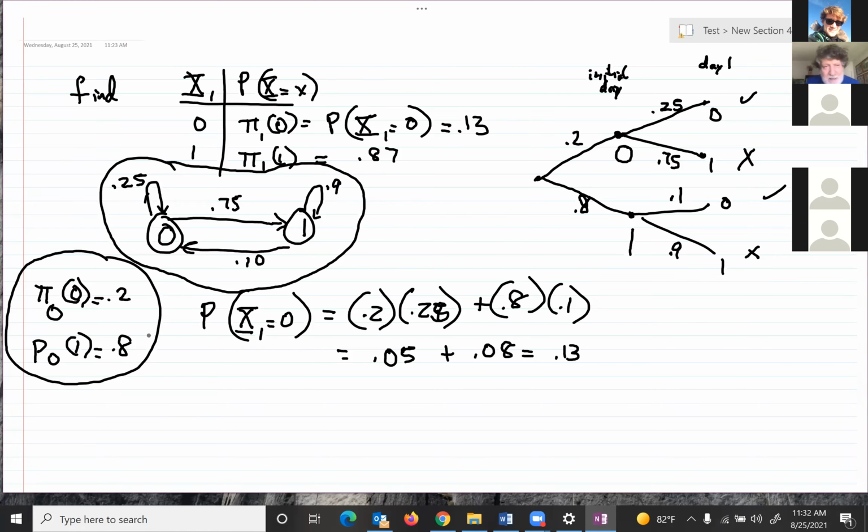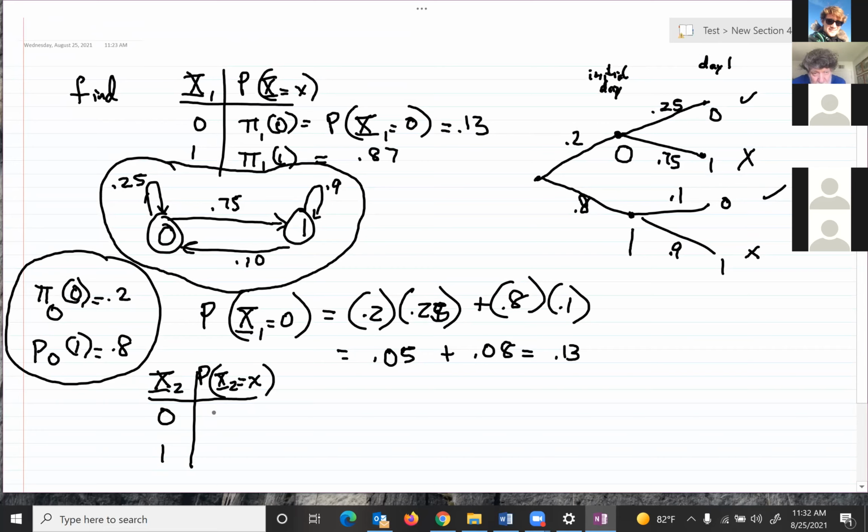Let's do it again. Why would we do it again? Well, because maybe you want to know what the table looks like at day 2. Okay, so if we want to know day 2, we want to know the probability that the machine is working or not on day 2. That's the probability that on day 2, one of these values either working or not.